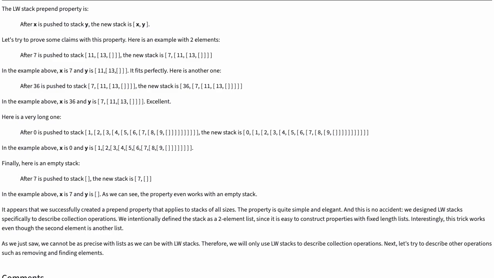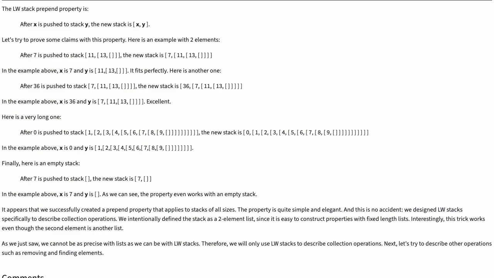The property is quite simple and elegant. And this is no accident. We designed logic walk stacks specifically to describe collection operations. We intentionally defined the stack as a 2-element list, since it is easy to construct properties with fixed length lists.